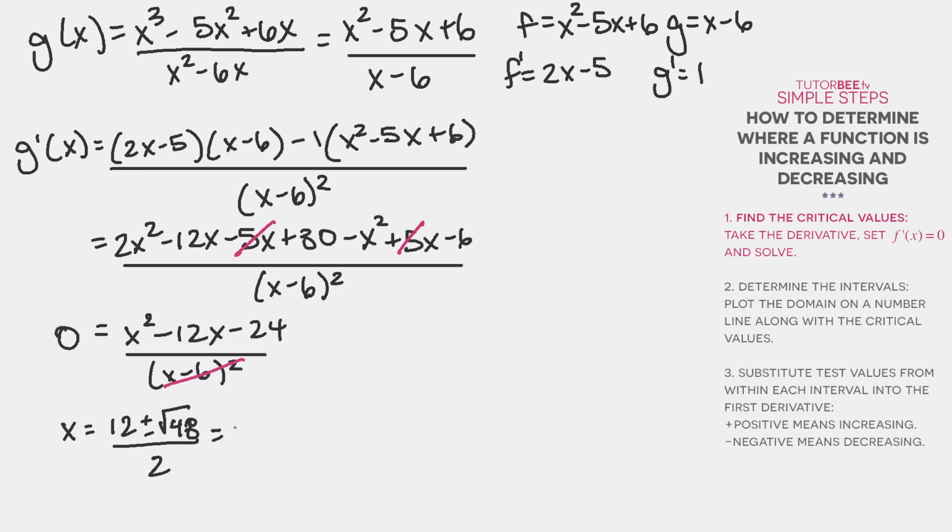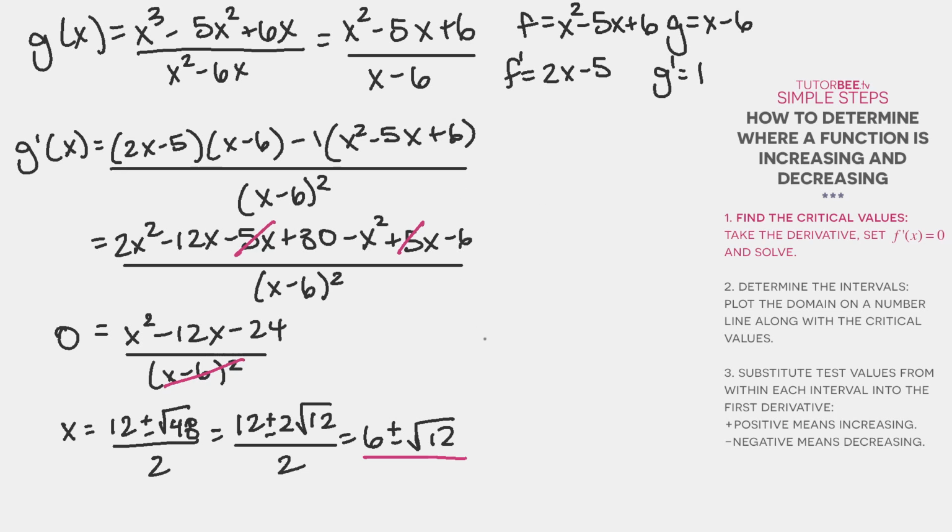If you pop a 4 out, that leaves you with a 2 on the outside, and 48 divided by 4 is going to be 12, all over 2, so it reduces to 6 plus or minus root 12. So that is our critical value. Now we have two of them, 6 plus root 12 and 6 minus root 12.